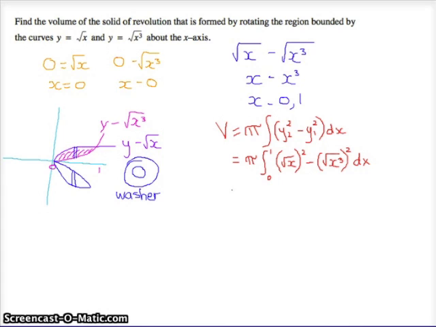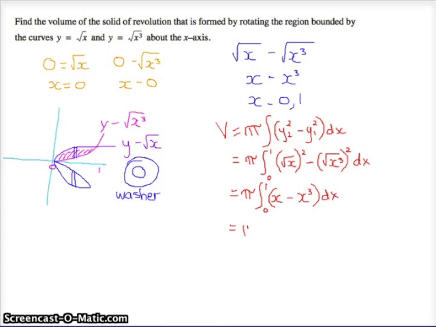Okay, so we'll simplify this by squaring our functions. Pi stays on the outside. So 1 and 0 are our limits. Square root of x squared is just x. And it's going to be minus x cubed. And the whole thing is with respect to x. Okay, so now we can take the definite integral of this.